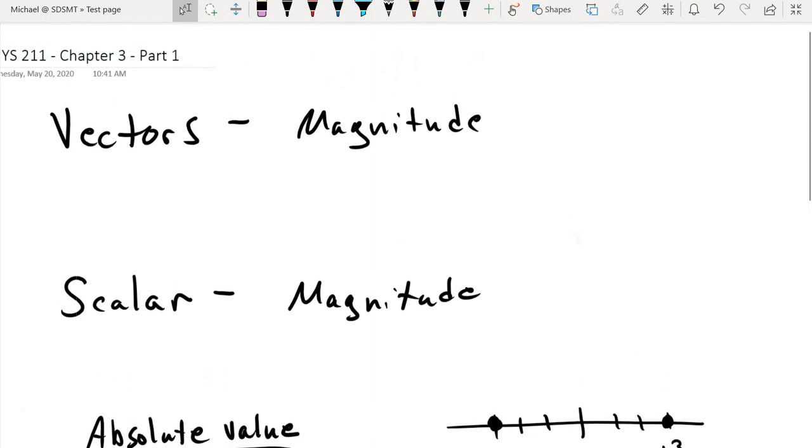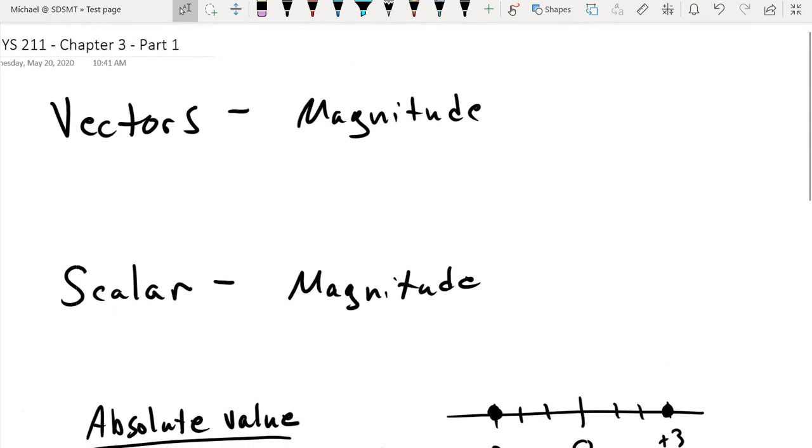And so both of these terms will have magnitudes. And for us, the magnitude is basically just going to equate to the number that is assigned to that measurement. What makes these two different is that a vector also has to have a direction associated with it.